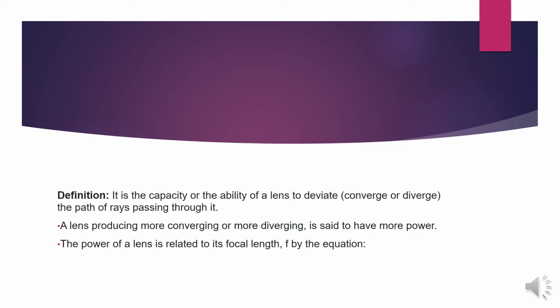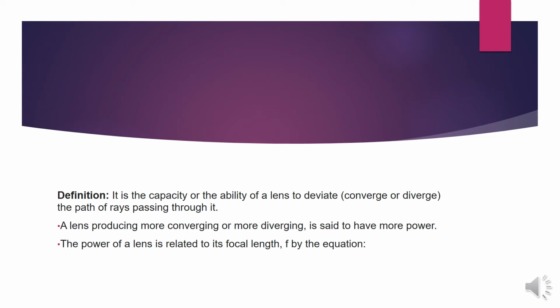Now we are coming to another concept, that is called power of the lens. What is the definition? It is the capacity or the ability of a lens to deviate. What is the meaning of deviate? Either converge or diverge the path of rays passing through it. That means the incident rays were coming along a particular path.